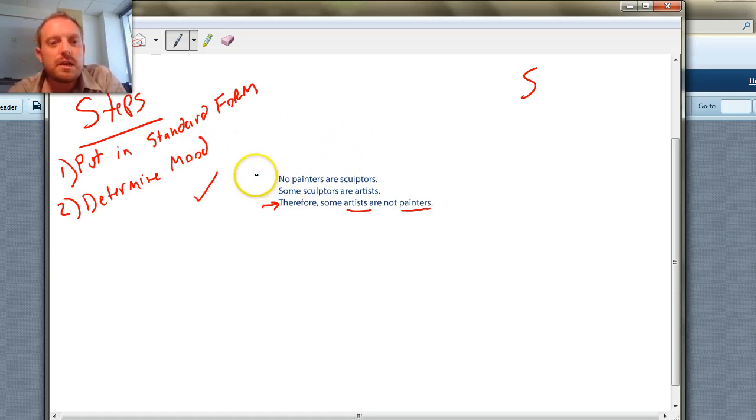No painters, so that's an E statement. Some sculptors, that's an I statement. Therefore, the therefore just tells us the conclusion. Some artists are not painters, that's an O statement. So what we have here is an E-I-O. That's the mood. So the third step is to determine the figure.